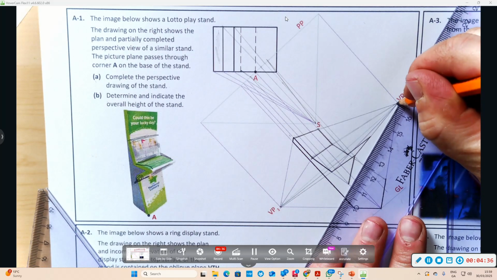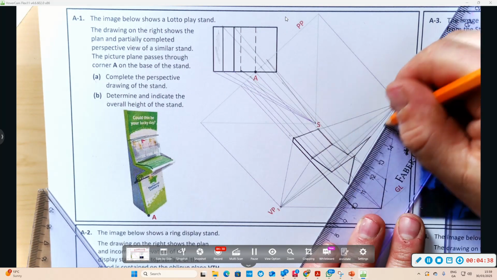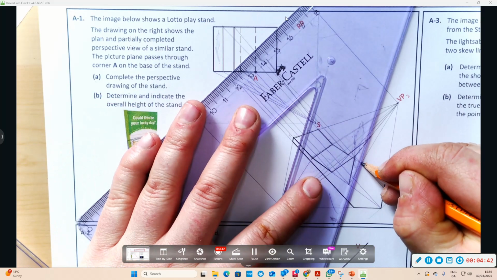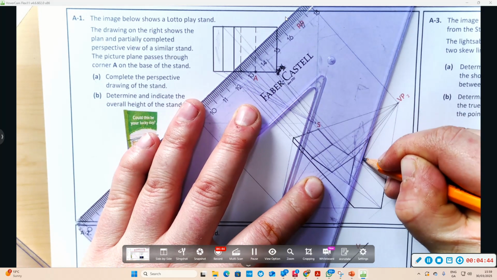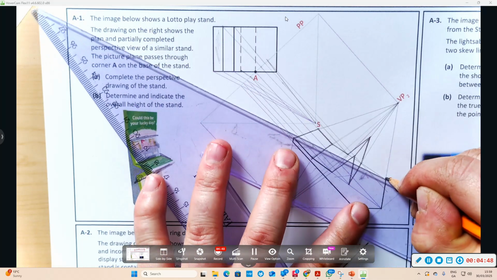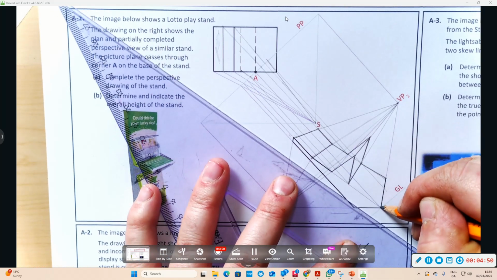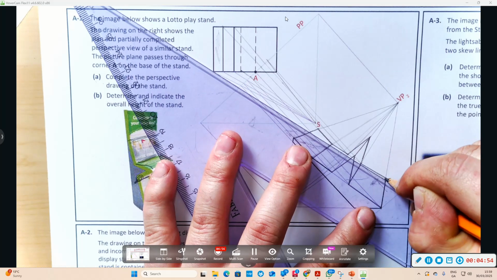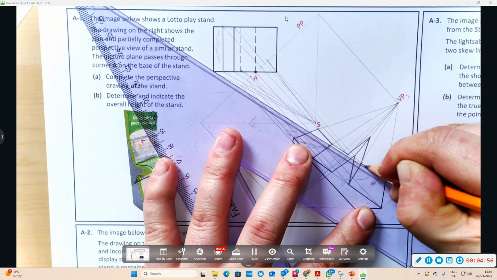I join this to VP2, and then when they intersect, I'm going to join them together, heavy them in, and heavy this one in as well. Sorry, that was a little off.